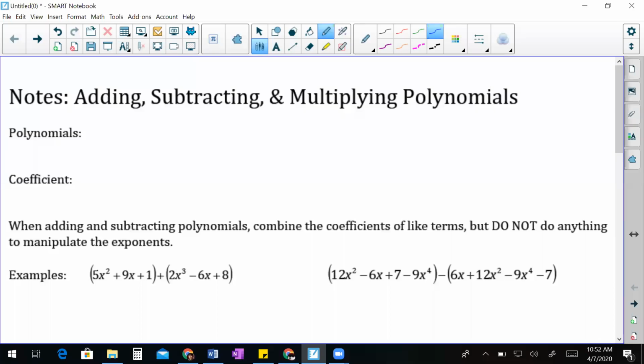Okay, so today we are learning about adding, subtracting, and multiplying polynomials. The very first thing that we need to know is what exactly is a polynomial. A polynomial is an algebraic expression with more than one term.